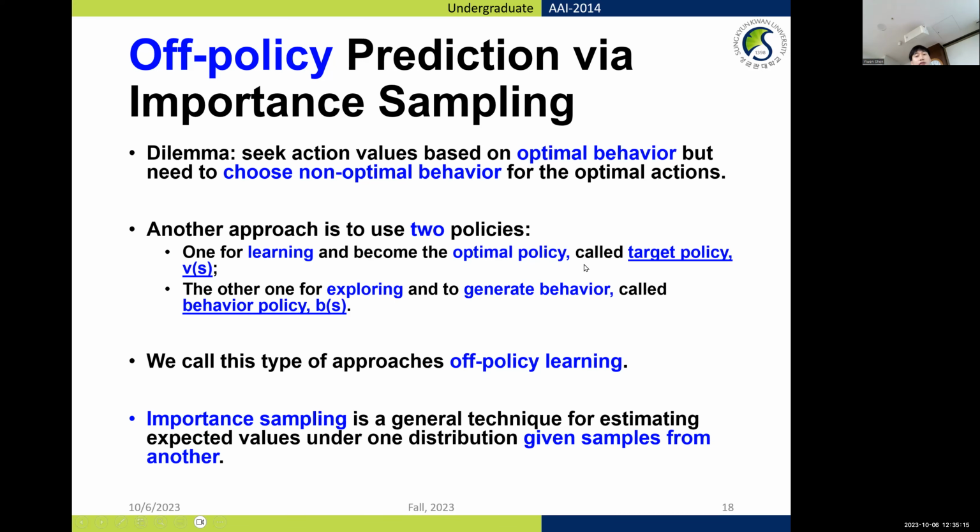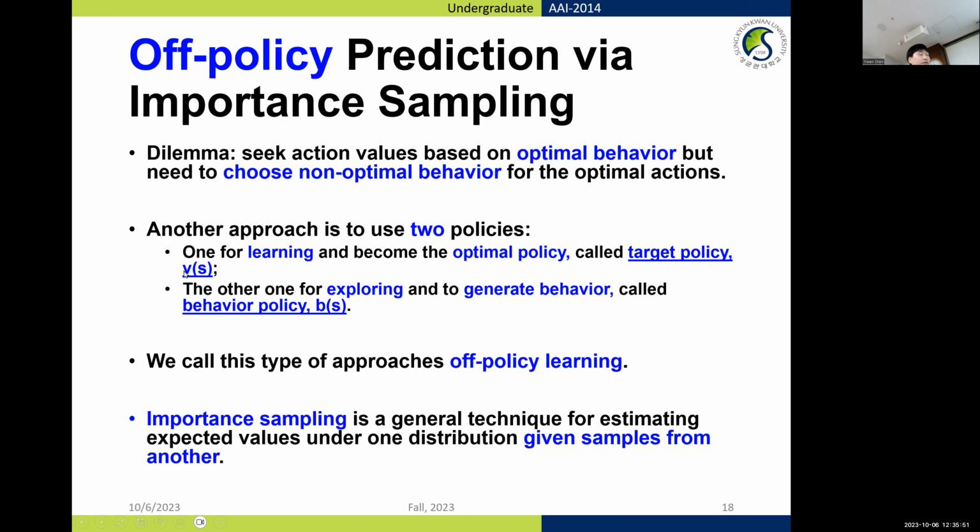We call one the policy for learning to become the optimal policy. We call it the target policy. We use pi(s) to represent it. Oh, this is wrong, this should be pi(s), not V(s), because this is a policy, right?